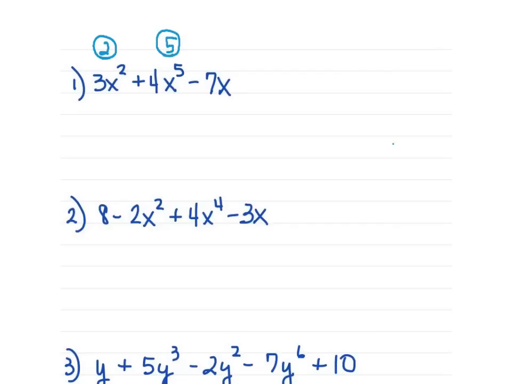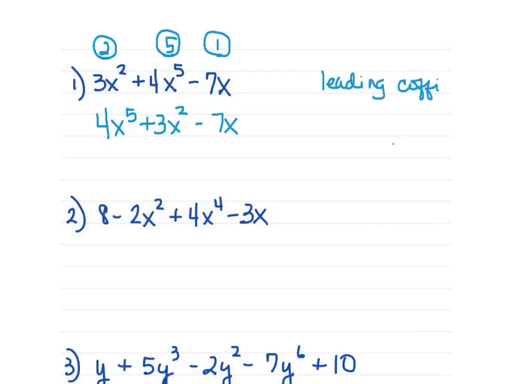And negative 7x is first degree, making it linear. So now let's order these from greatest to least. Start with positive 4x to the fifth, then positive 3x squared, and then negative 7x. The leading coefficient for this polynomial would be the very first coefficient, and that would be 4.